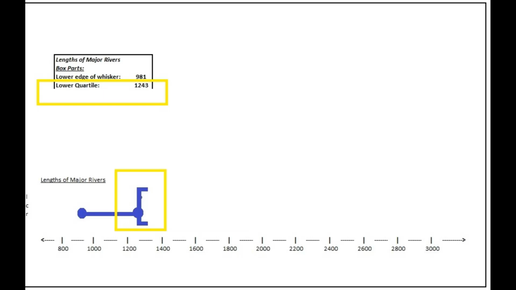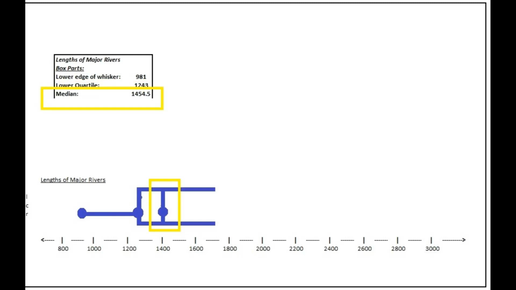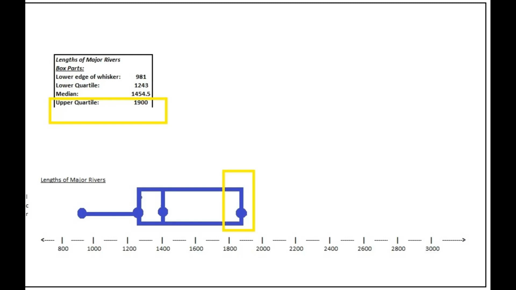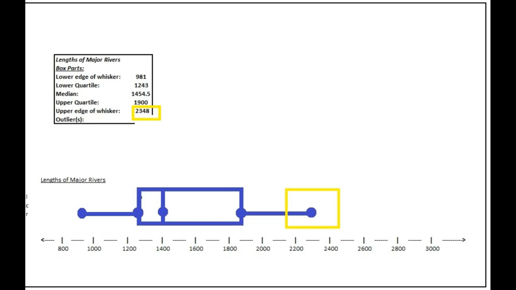Then we have our median at 1454.5. Then we have the upper edge of our box, the upper quartile at 1900. And then we have the upper edge of our whisker, 2348. And that's it, because there are no outliers. That box over there is empty, so I just put the word none. We're done. That's all there is to it.